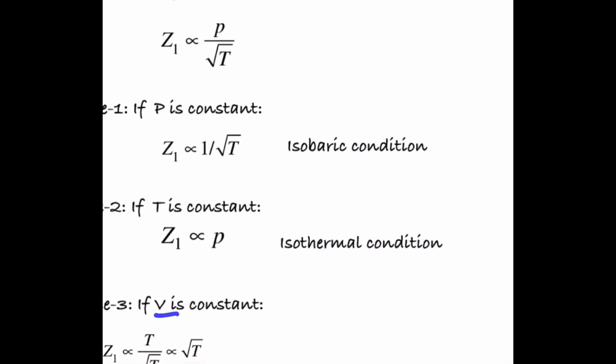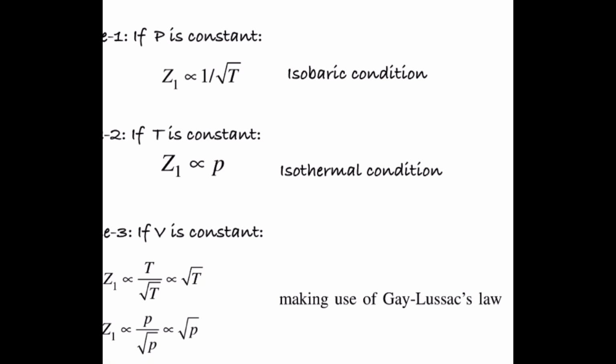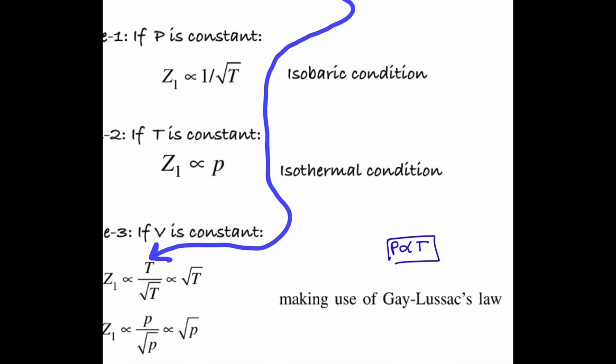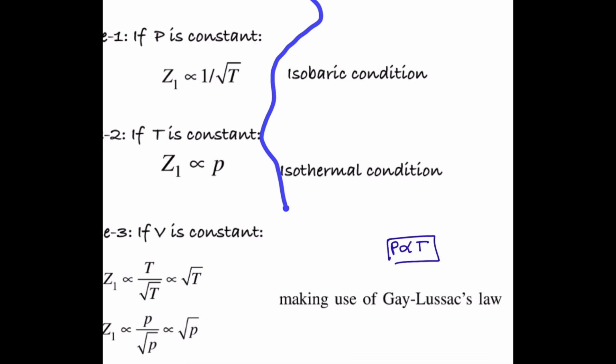And the next one, if volume is kept constant, here we have to use Gay-Lussac's law. According to Gay-Lussac's law, at constant volume, pressure is directly proportional to absolute temperature. Based on this, in this expression, in place of P, I am going to write T, because pressure is directly proportional to temperature.